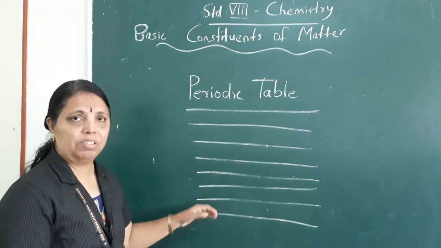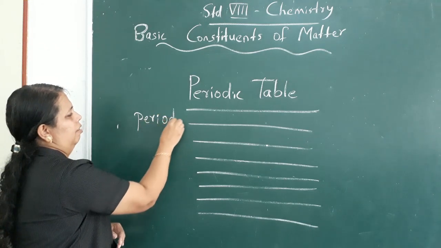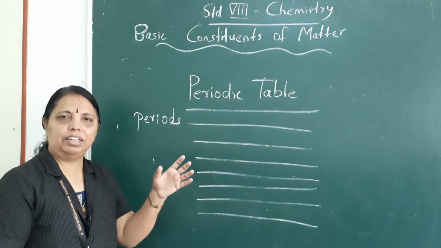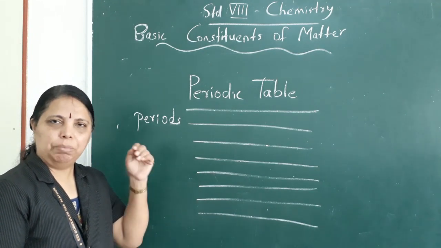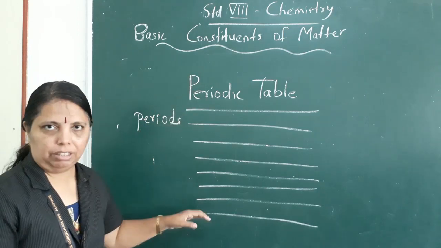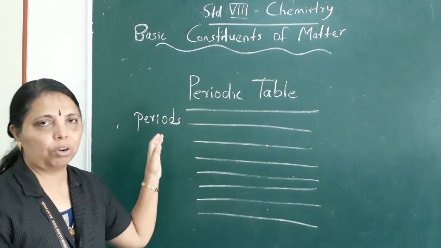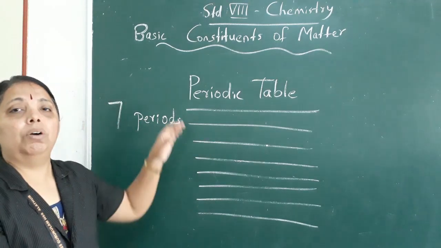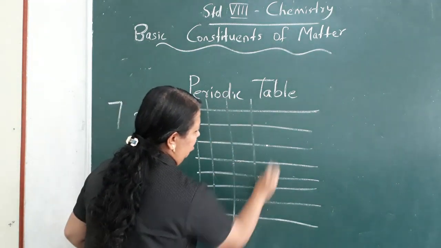So these rows are called periods in chemistry. You also have 8 periods, isn't it? When you come to school every day. Similarly, in the periodic table, there are 7 periods, 7 rows. How many periods? 7 periods.